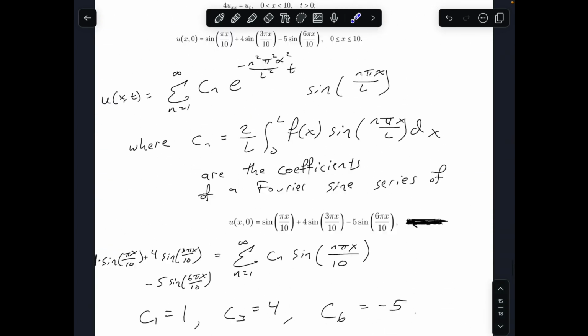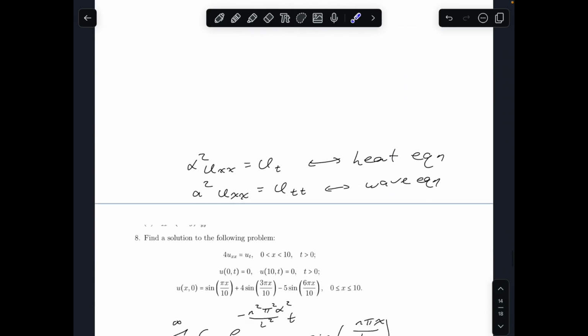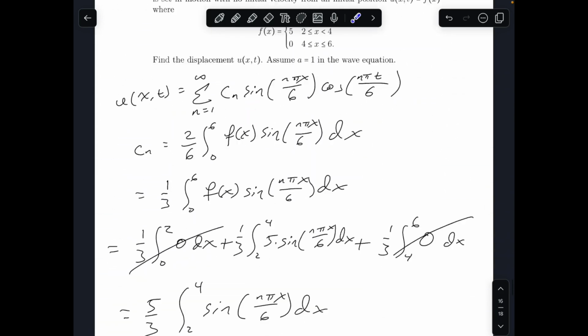The initial velocity is 0, and the reason we do that is because this is a second derivative with respect to t, whereas a first derivative with respect to t leads to us only needing to specify the initial position, just like with initial value problem kind of stuff.